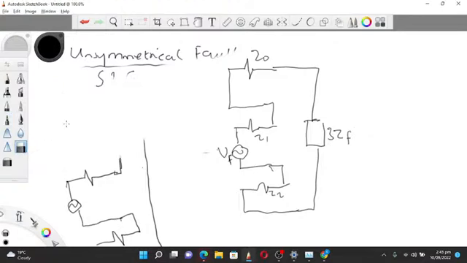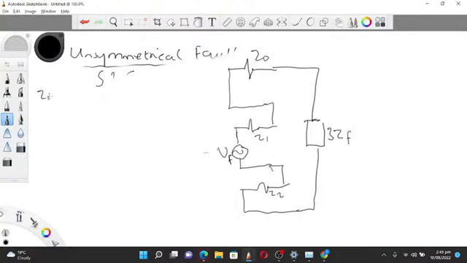To make things simpler for us, let's take them all as reactance values, because in the slides we have reactance values. Let's take X1 to be j0.4, X2 to be j0.3, and X0 to be j0.2. Let's take our ZF to be 0.1.